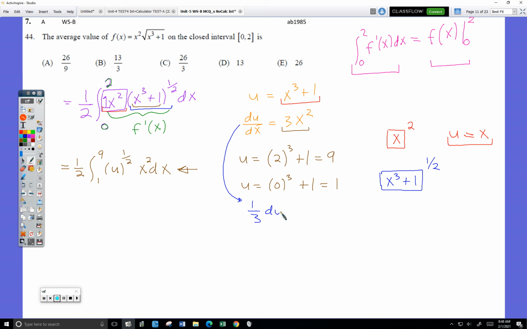I'm going to move the dx over. So now what I do is I replace the x squared dx, this red box right here, that gets replaced with this green box. Is that what you're referring to, David?